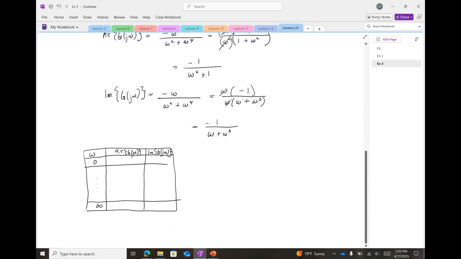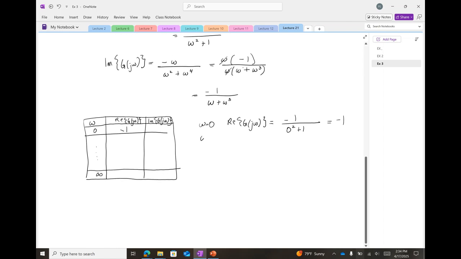So for the real part, let's plug in omega equals 0. The real part of j omega is equal to negative 1 divided by 0 squared plus 1. So this should give us negative 1.